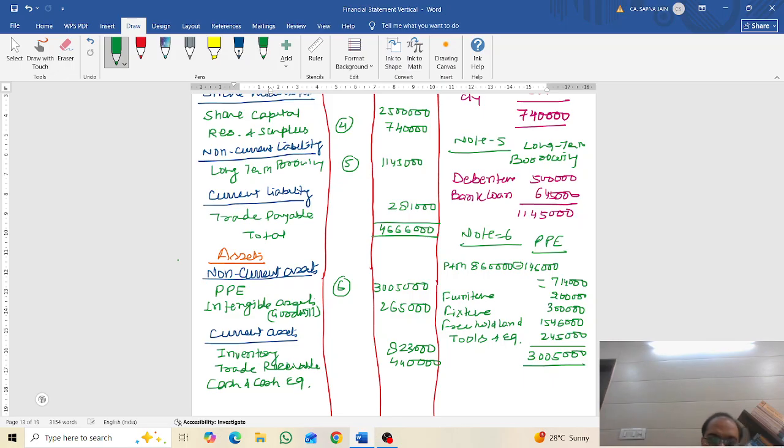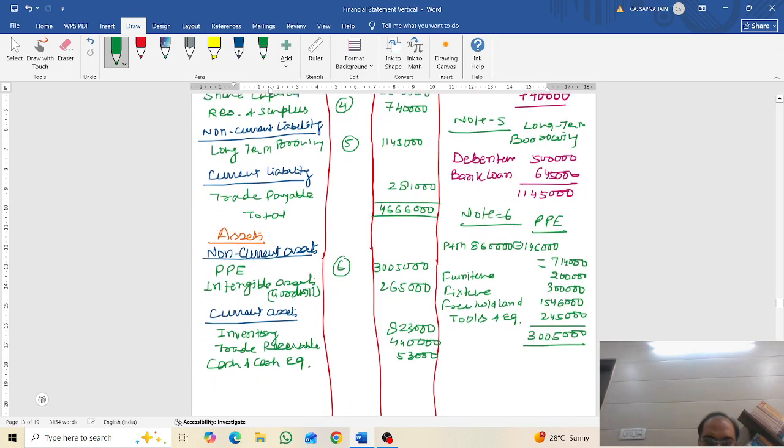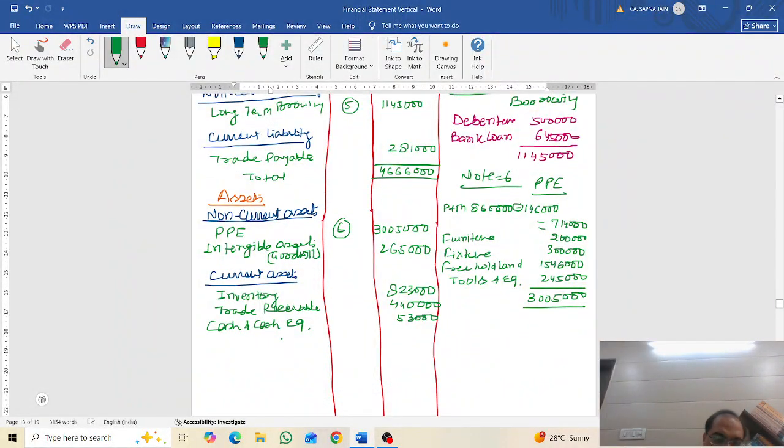Cash and cash equivalent, this is 53,000. And the last item is short-term advances. This is 80,000 rupees. This is a loan to director.